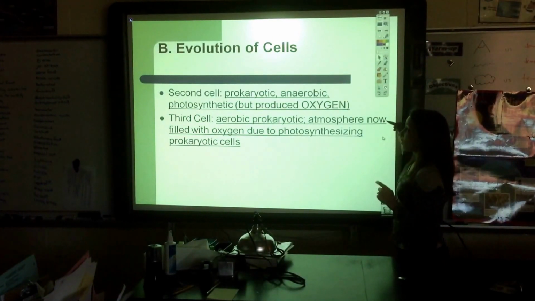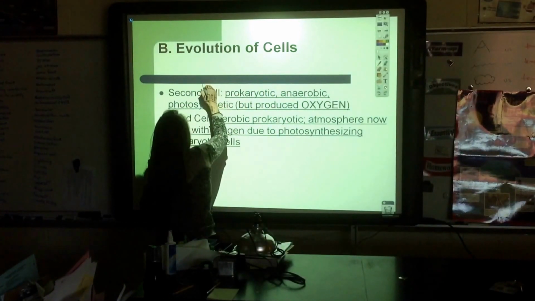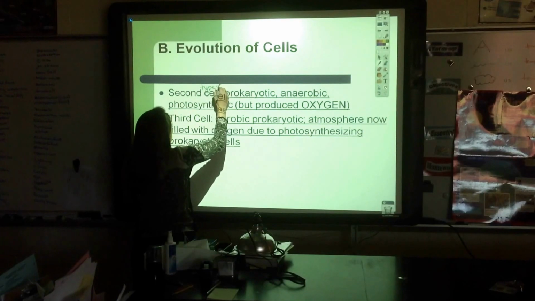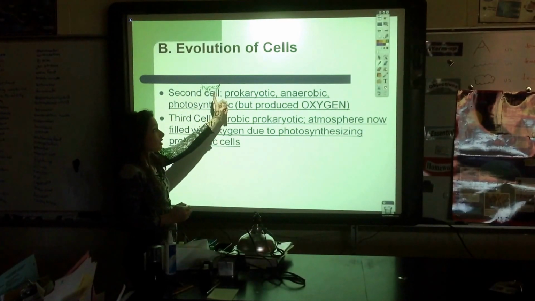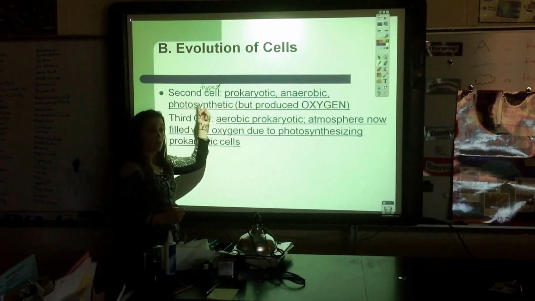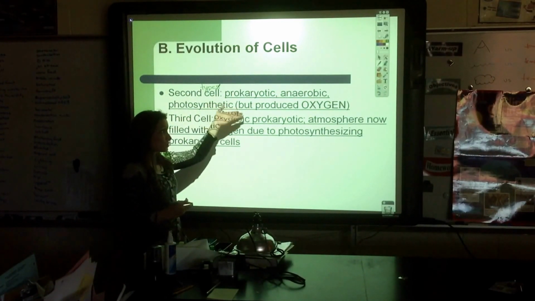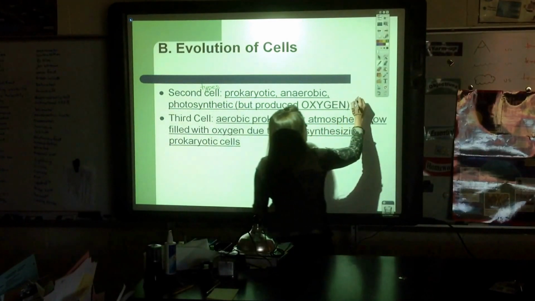Next, we believe that there were mutations, and that there were, second, we want to add in here, types of cells that were prokaryotic, still anaerobic, but now could make their own food. They were photosynthetic. And those photosynthetic cells produced oxygen as waste.